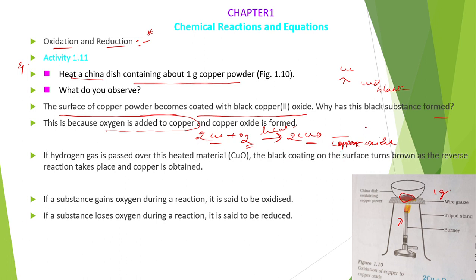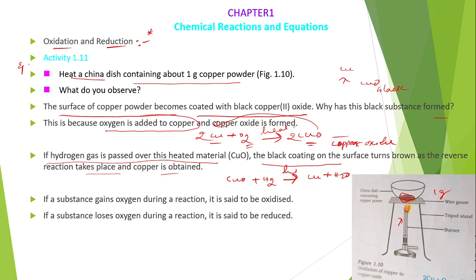Is there any possibility of converting it back to copper? Yes. If hydrogen gas is passed over this heated material, CuO, the black coating on the surface turns brown as the reverse reaction takes place and copper is obtained. You take this CuO, you pass hydrogen gas, again you will get back copper plus water.